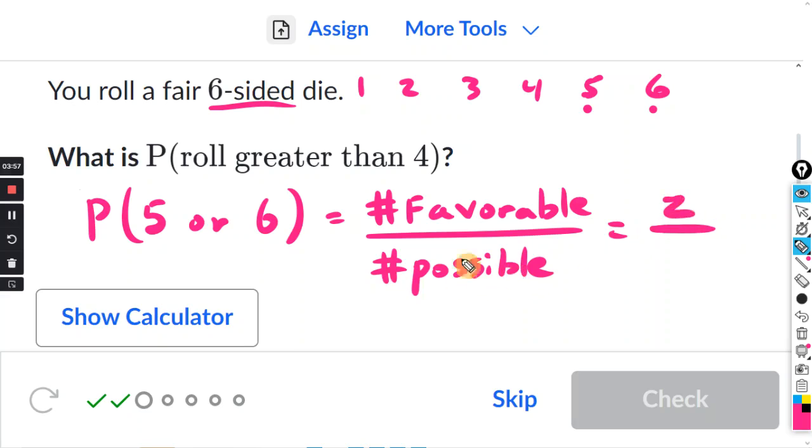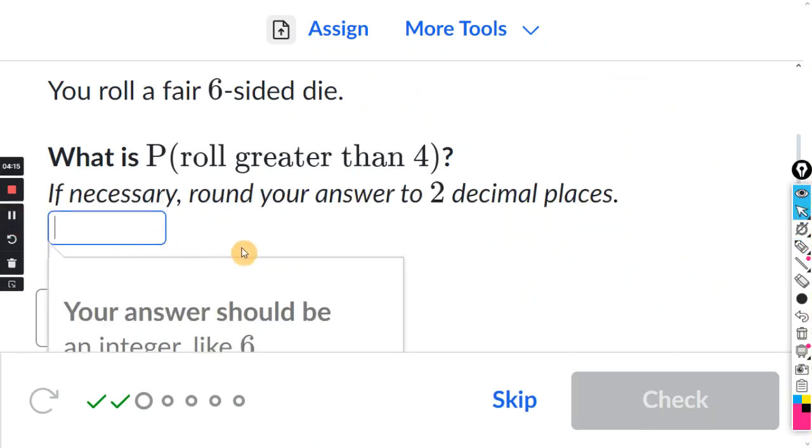And how many possible outcomes? Well, you're rolling a 6-sided die. There's 1, 2, 3, 4, 5, 6 possibilities. So 2 out of 6, 2/6. You can reduce it. You can make it a decimal, but it's safest just to leave it. In the box, I type 2/6.